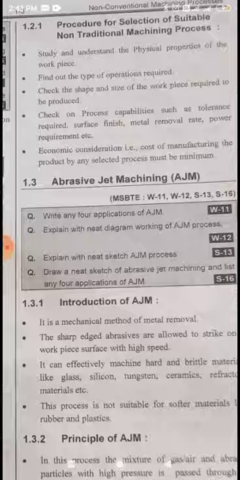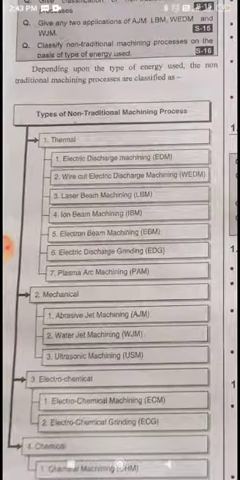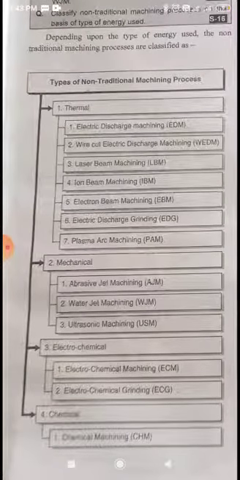Therefore, this is why we are using non-conventional machining over conventional machines. Now tomorrow we will see abrasive jet machining, and each of these machines we are going to discuss in brief. Okay, thank you for today.